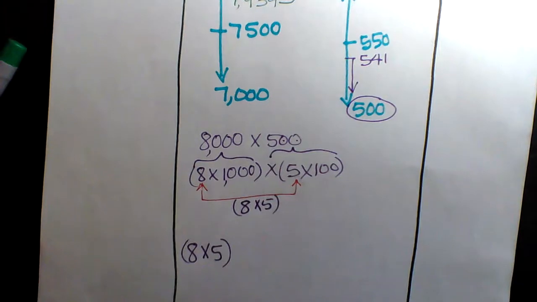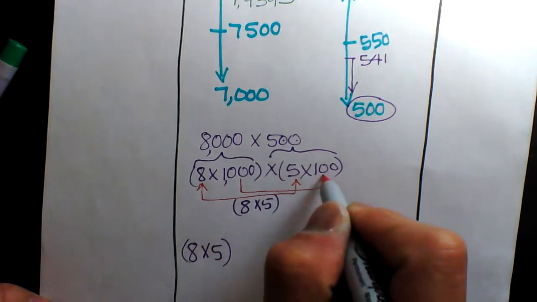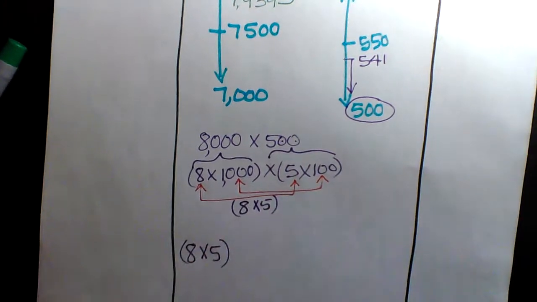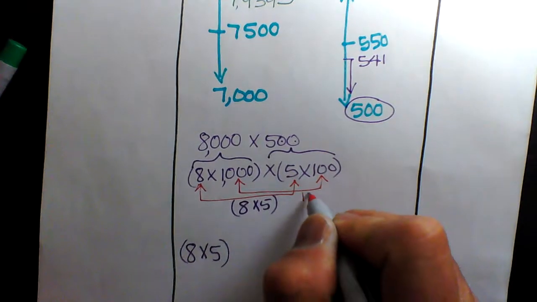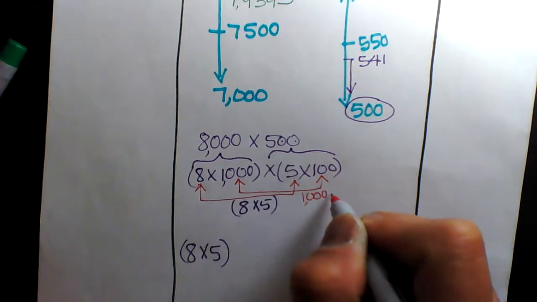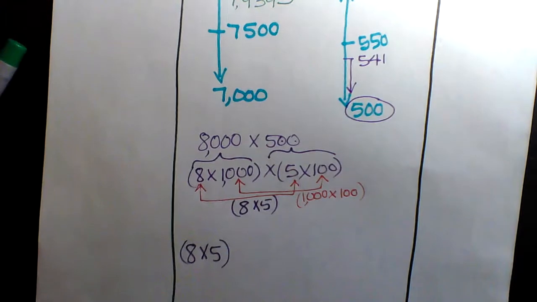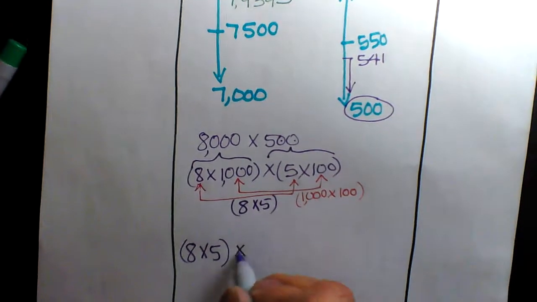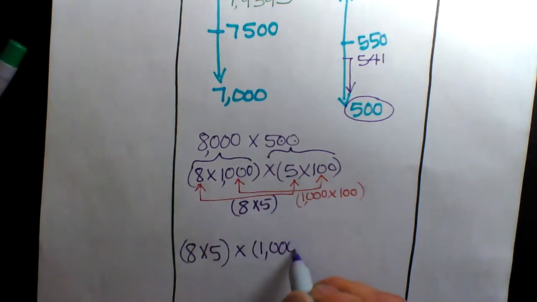Our second multiplication is going to be 1,000 times 100. We write that one down somewhere in here, 1,000 times 100.